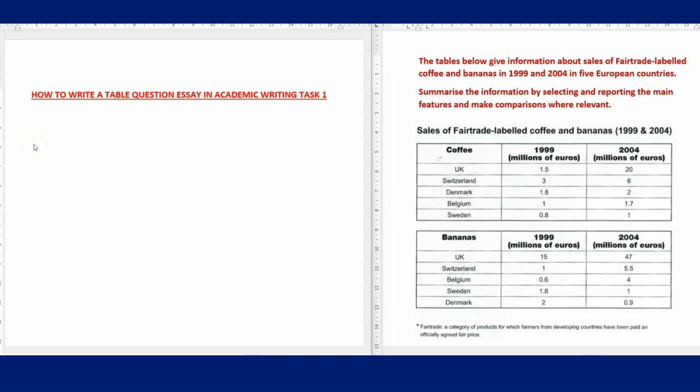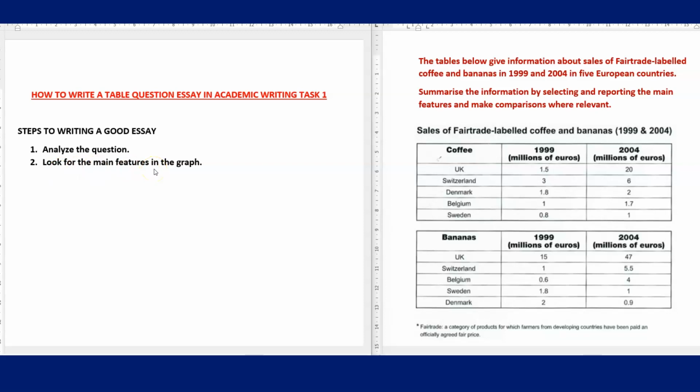In this lesson, I'm going to teach you how to write a table question essay in Academic Writing Task 1. One thing you need to know is that for you to write any kind of essay, you have to first plan. And in planning, you need to analyze the question and then look out for the main features in the graph.